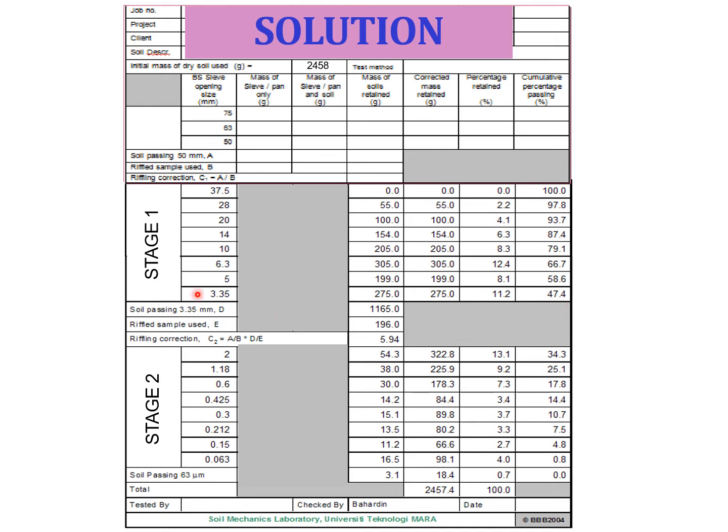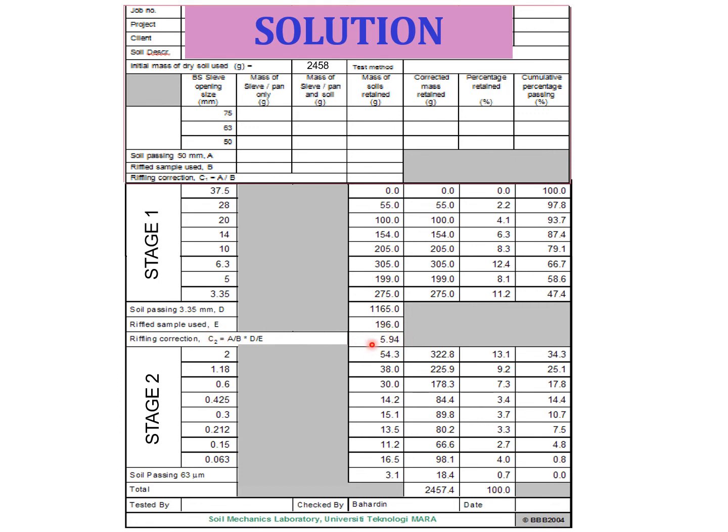And then for stage 2, okay, refill sample used is 196. Okay, if you see here, soil passing is 1165. So that means you have to do the refill correction.